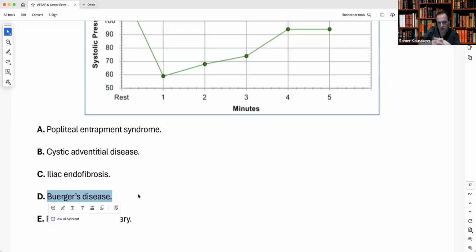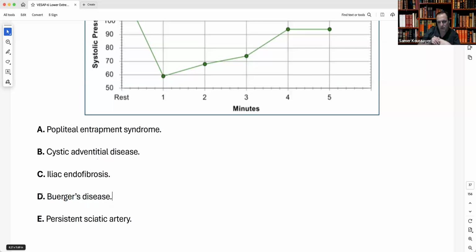This is a sign of Buerger disease. You don't see the tibial artery, you just see corkscrew collaterals. So the ABI would be abnormal. So in this scenario, it cannot be Buerger disease, correct? Even if you don't know iliac endofibrosis, cystic, popliteal, this one, persistent sciatic, for sure it's not Buerger disease.